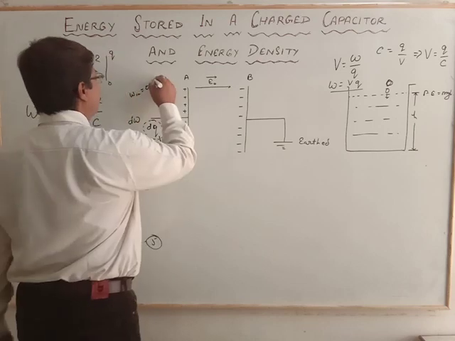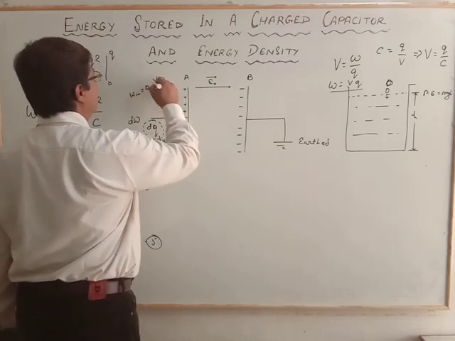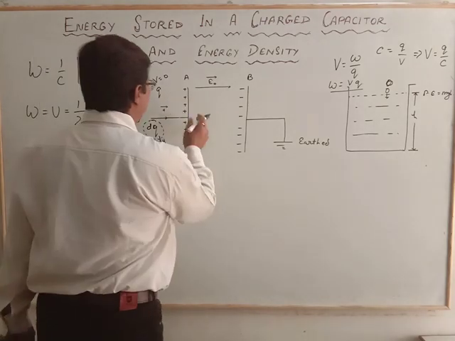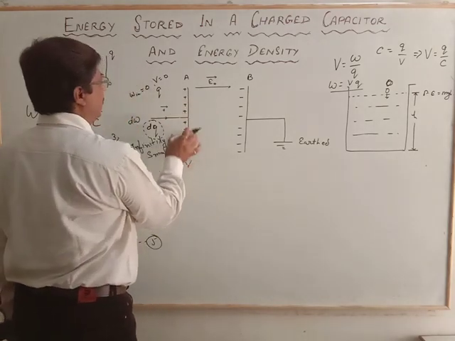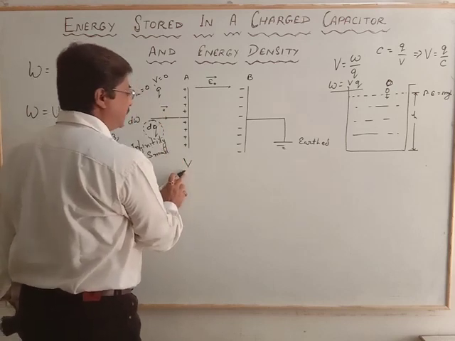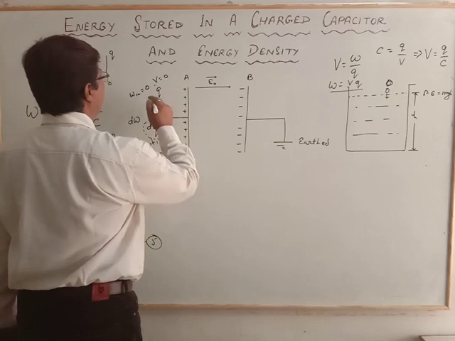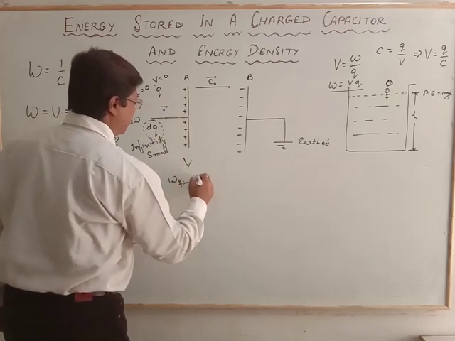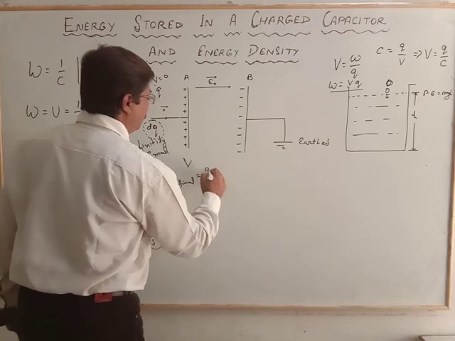When the plate does not have charge, the potential is equal to 0. And finally when it gets charge Q having potential V, the final work is equal to QV.